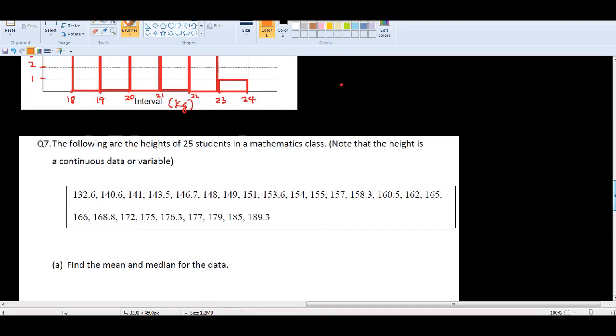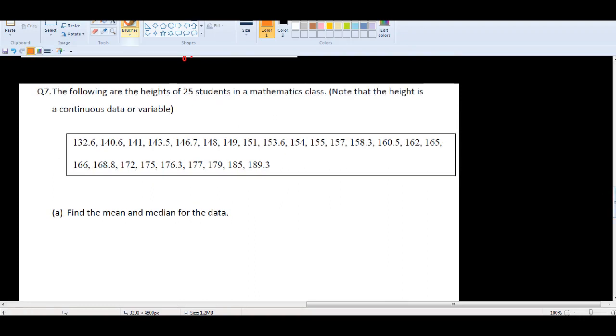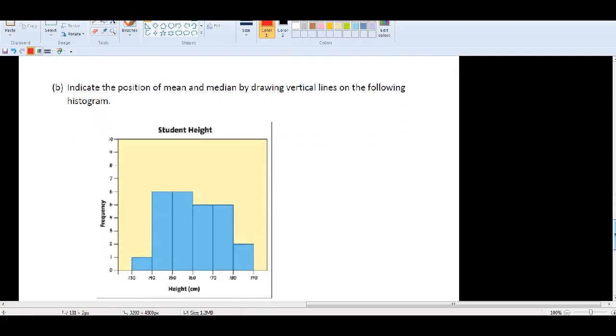Okay, so then let's go to another type of question. This type of question is going to find the mean and median of a group of data. We have learned that before, how to find the mean and median.